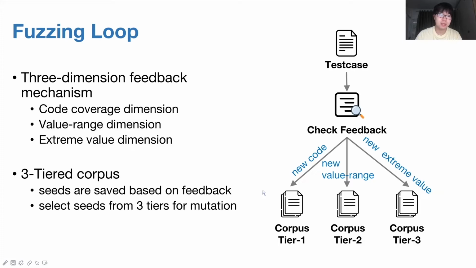It issues 3 types of feedback signals when a test case hits new code, new value range, or new extreme values. Then the fuzzer preserves the test case in different tiers of corpus based on the feedback types, and the fuzzer will select the seeds from these 3 tiers of corpus.